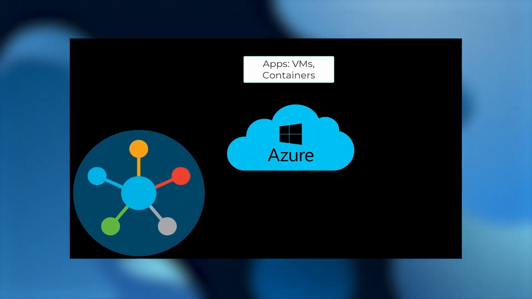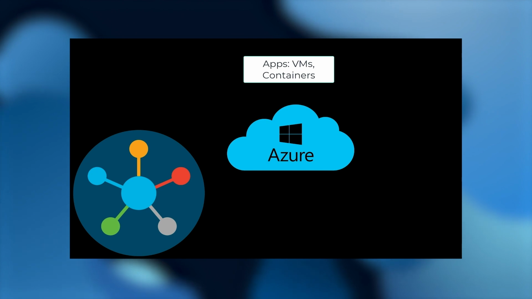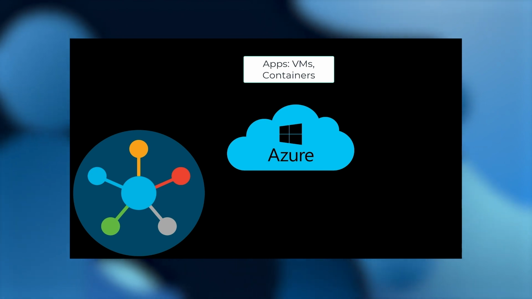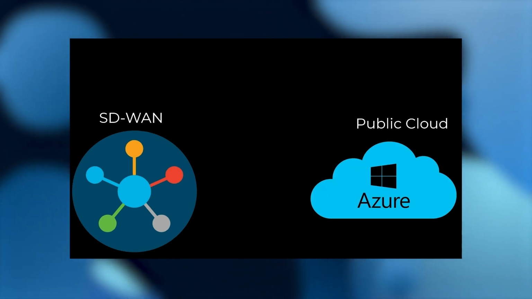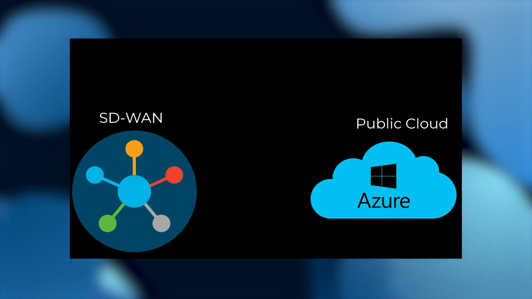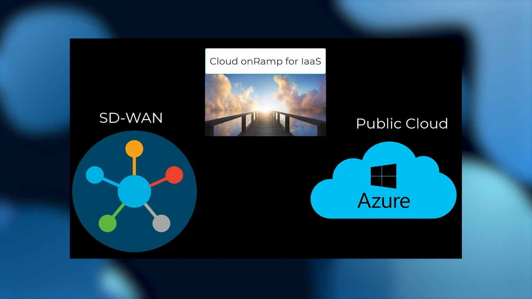And now you've got public cloud, Microsoft Azure, with VMs and containers on it. The question is how to interconnect Cisco SD-WAN and Microsoft Azure in a secure, automated, and reliable way. Between SD-WAN and Azure, there's a bridge, Cloud On-Ramp for IaaS.